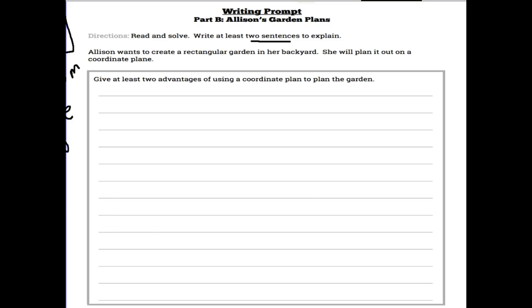And if she is planning it out on a coordinate plane, she should also be able to make changes because she hasn't done anything yet. So those are just some ideas.